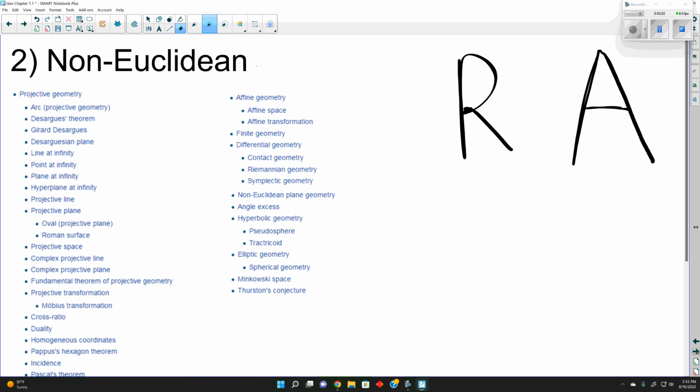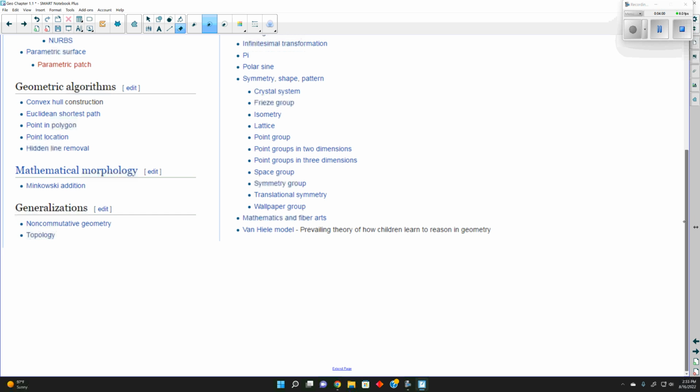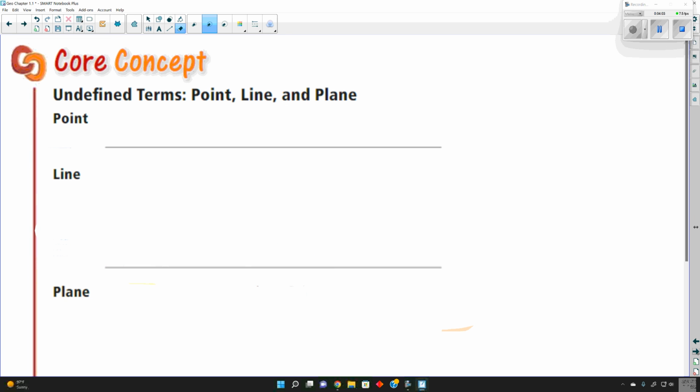But if you don't find it interesting, that's fine, because there's even more. Numerical geometry and various geometric algorithms. There are so many different types of math to delve into, but we're only going to look at a certain amount.